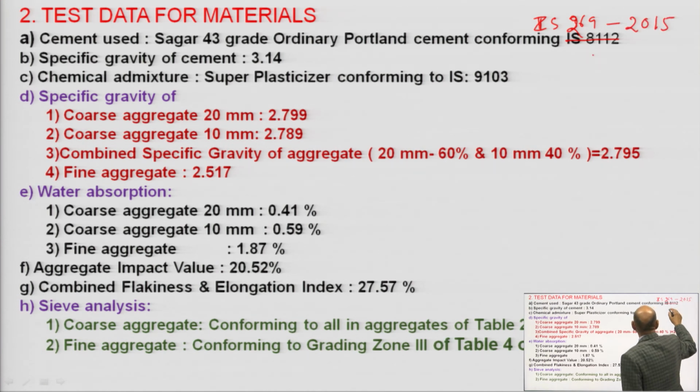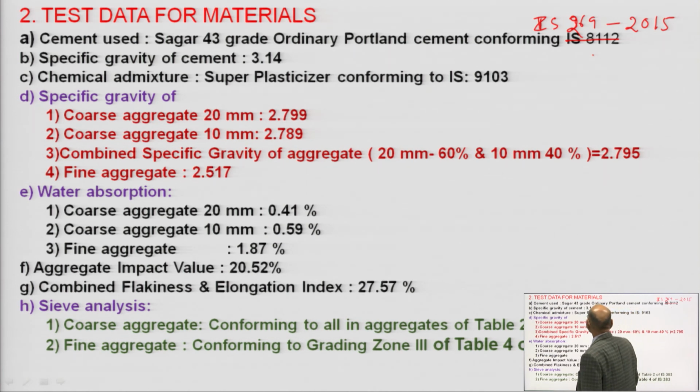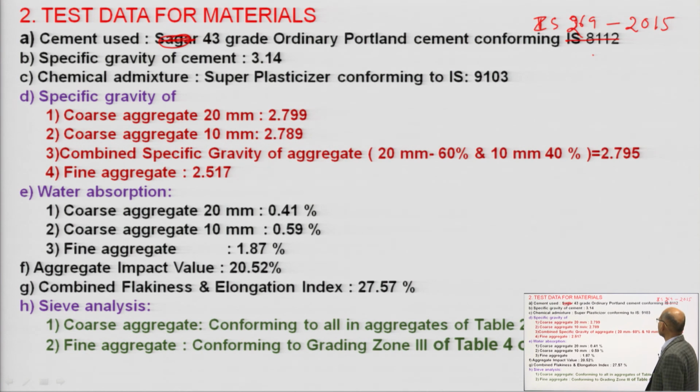This specification has been transferred to 2015. Sorry, this has been a typographical mistake. So, we are using 43 grade ordinary Portland cement conforming to IS 269:2015.